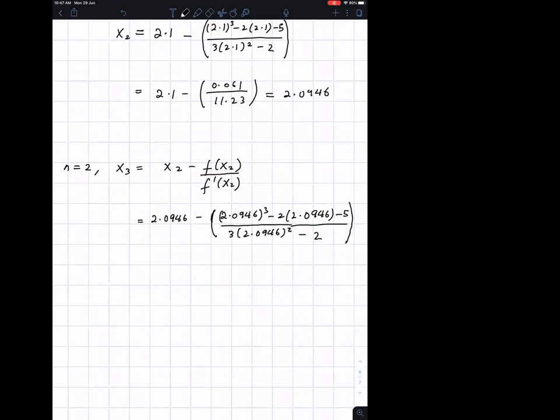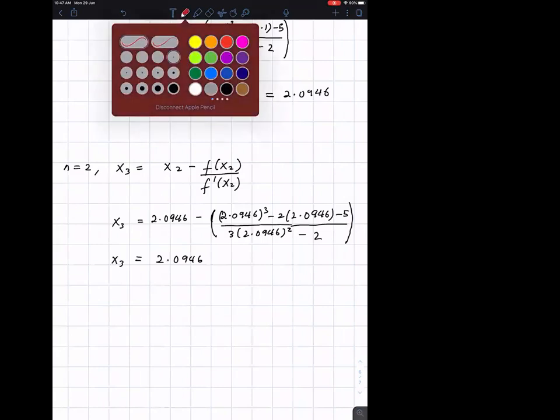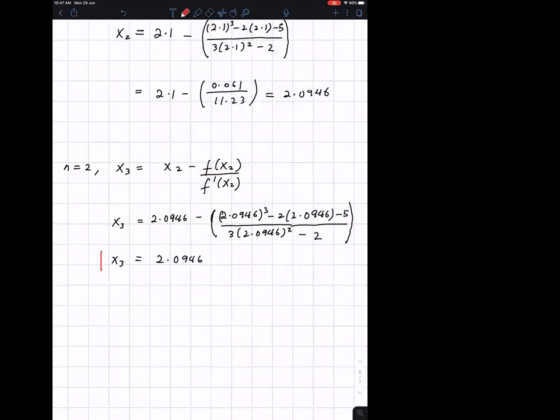Okay, if you do this carefully in your calculator, you'll get 2.0946. So you can note that it's not changing anymore. There's no change from the previous value.